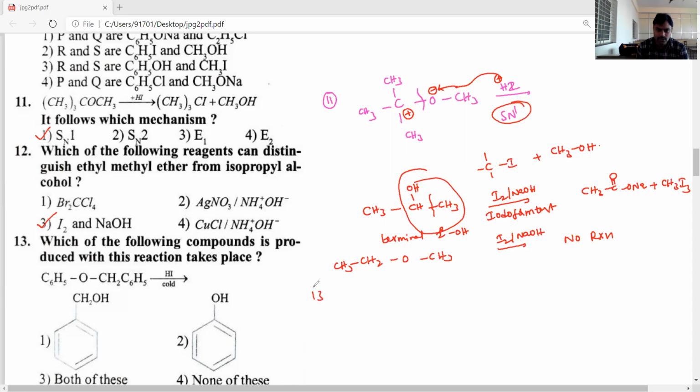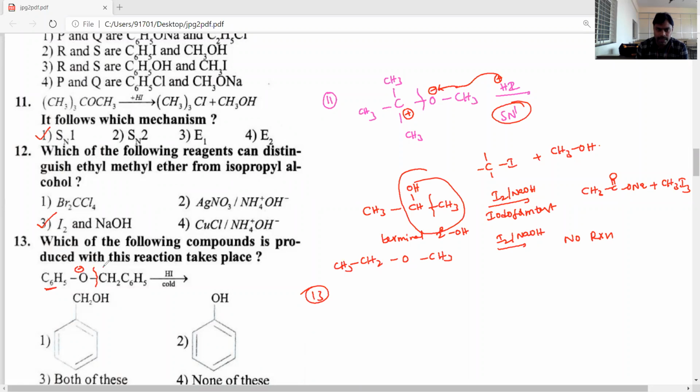Okay, let's see the 13th question, dear students. Which of the following compounds is produced when the reaction takes place with cold HI? One phenyl group is present and the second one is a benzyl group. Already I said oxygen is more electronegative than carbon. The bond between the benzene ring carbon and oxygen cannot be broken.